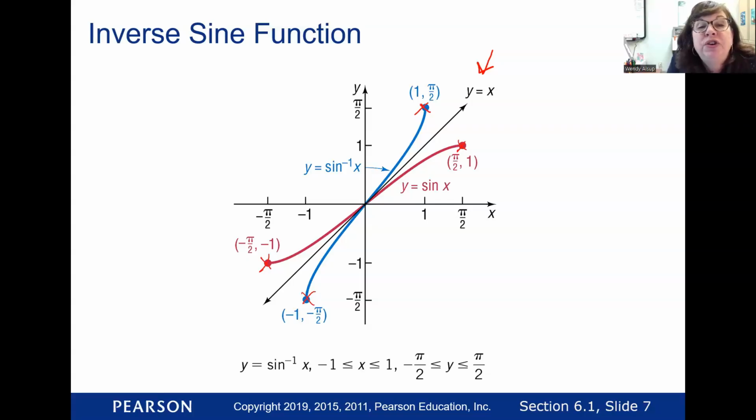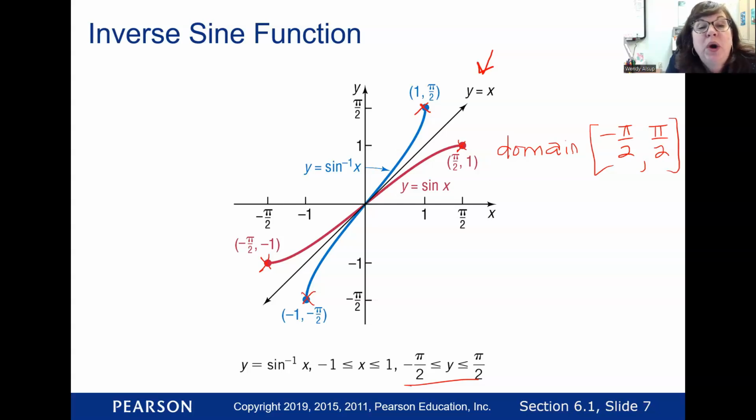Remember, on our original, our domain was negative pi over 2 to positive pi over 2. Well, look, that is now our range on our inverse.